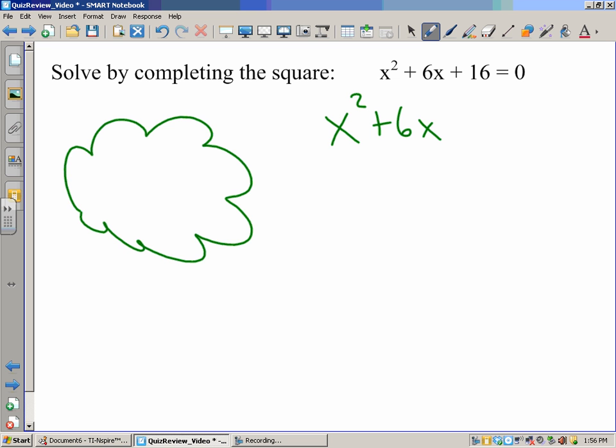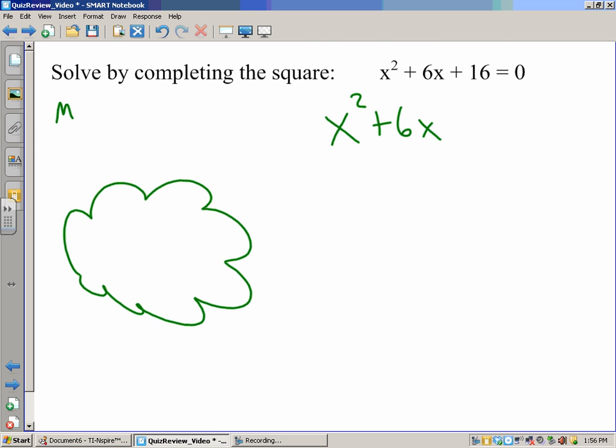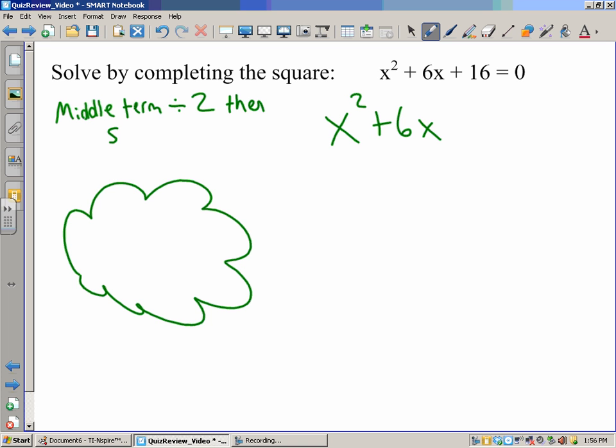And we discovered that the way to do that is take the middle term, divide it by 2, then square it. So 6 divided by 2 is 3, and 3 squared is 9.